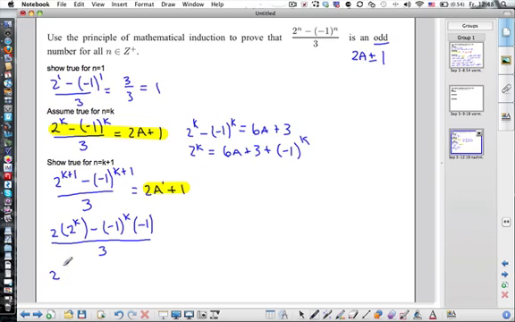So we have 2 times 6a plus 3 plus negative 1 to the k, minus, now negative 1 right here times a negative should give us plus negative 1 to the k, all over 3.